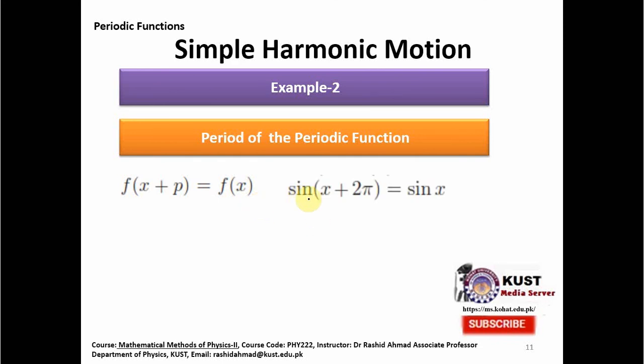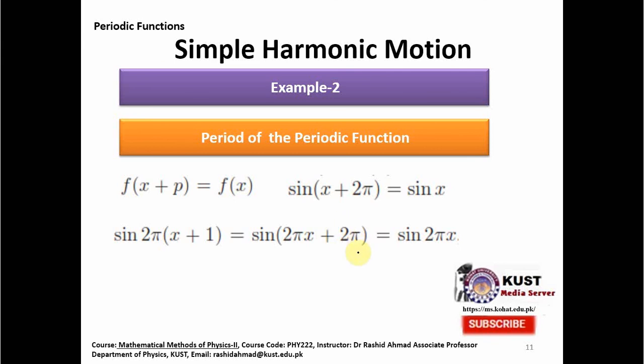For example, in sine of x plus 2 pi, if you put the value of 2 pi over here, you will see that sine 2 pi is 0 and we get sine x back. So sine of x plus 2 pi is a periodic function with period 2 pi. After each 2 pi, we get the sine value back to its original value. Similarly, another example is sine of 2 pi into x plus 1 and sine of 2 pi x plus 2 pi.